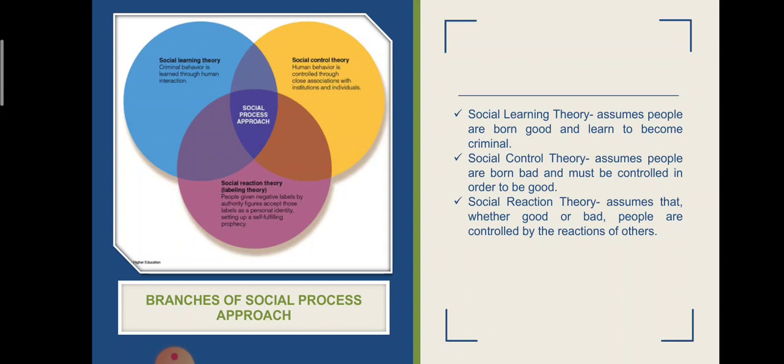Next, we have the social control theory. Human behavior is controlled through close association with institutions and individuals. Social control theory assumes people are born bad and must be controlled in order to be good. We'll also tackle that one in the next slides. Next, we have the social reaction theory or the labeling theory.